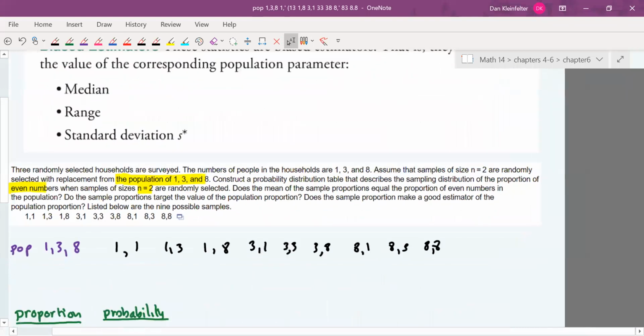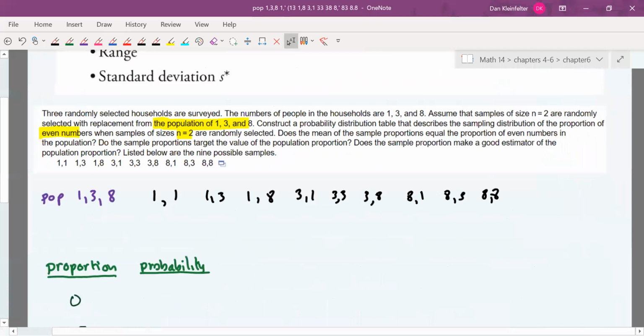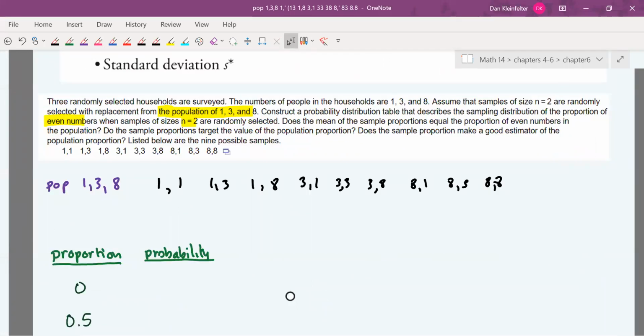All right, so our last example has to do with proportions. So for this one, we have the numbers 1, 3, and 8. And here we'll read off the story. It says 3 randomly selected households are surveyed. The numbers of people in the household are 1, 3, and 8. So 3 households, one had 1 person living there, one had 3 people living there, and one had 8 people living there.